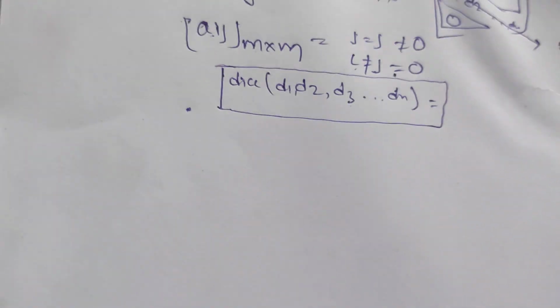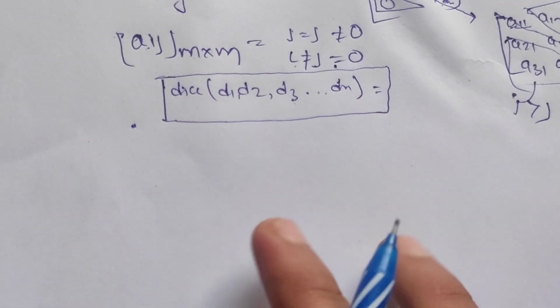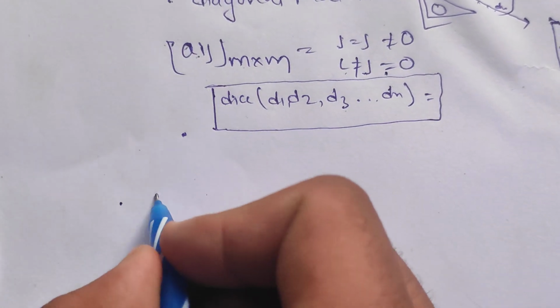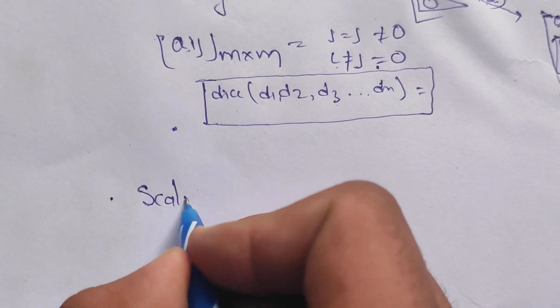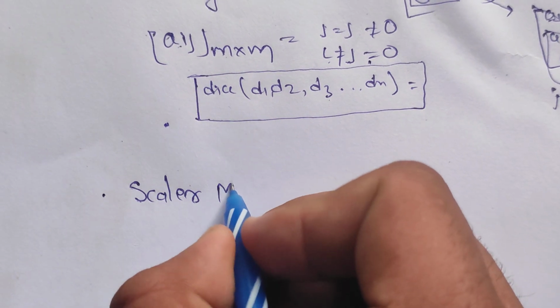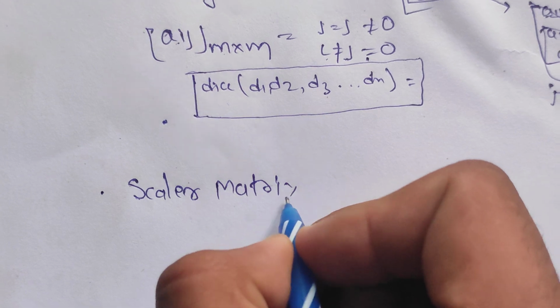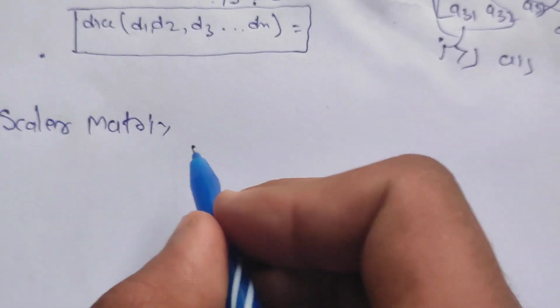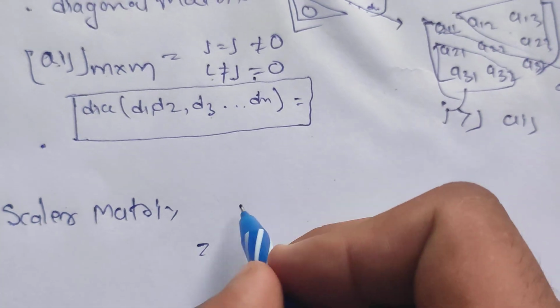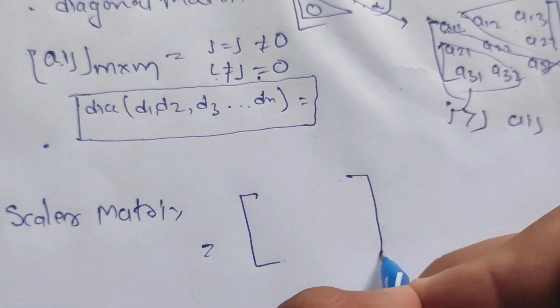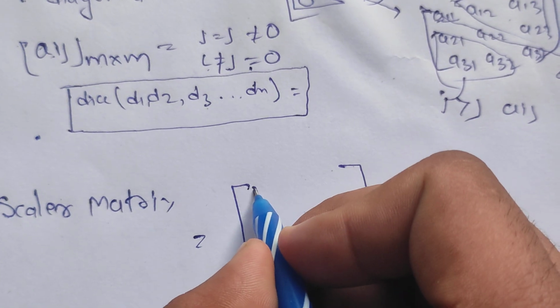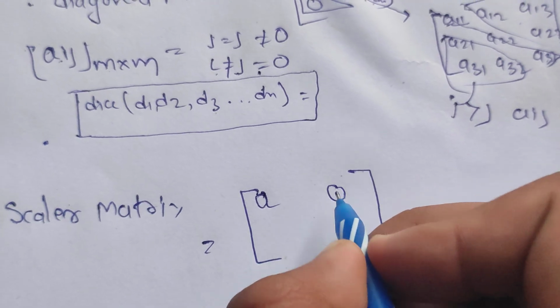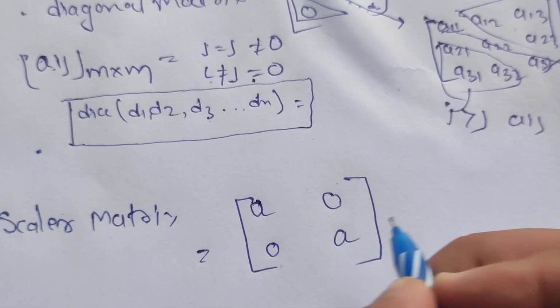The second type of matrix is the scalar matrix. Imagine I use a 2 by 2 matrix. So this is my matrix, say a 0, 0 a.